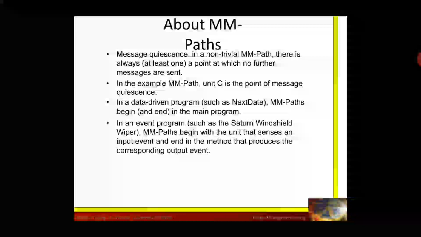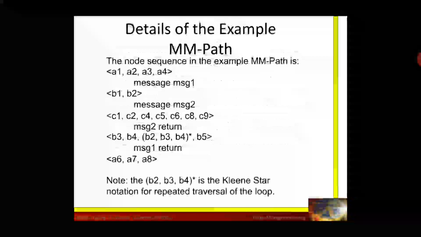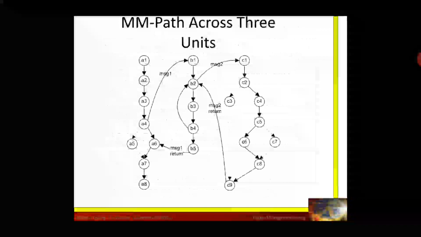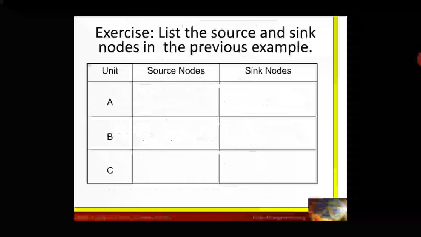So in the example of the MM path, unit C is the point of message quiescence, the message endpoint. From unit C there is no other transfer; the transfer is written back to B, and again from B back to A1. There is no other path like D, E, F. Only at C do we get the endpoint.